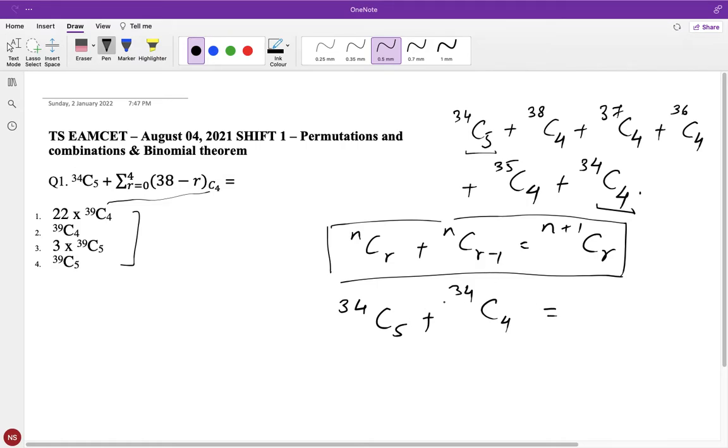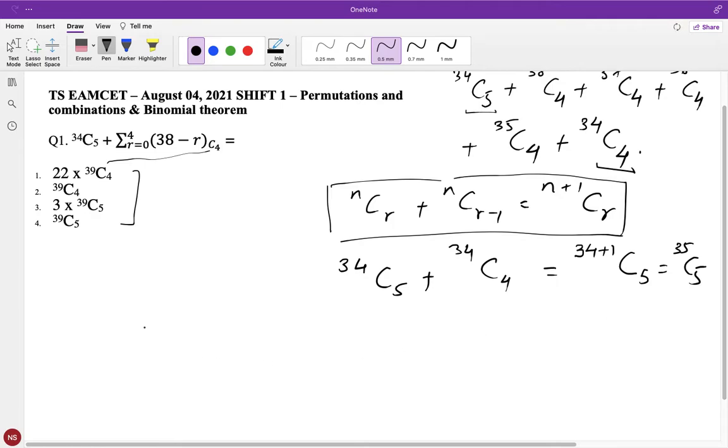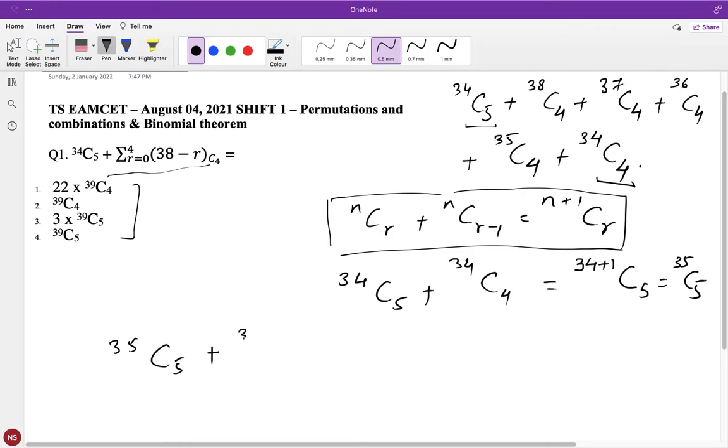So this should be equal to n plus 1, n is 34, so 34 plus 1 C, r is 5. 35C5. So that expression reduces to 35C5 plus 38C4 plus 37C4 plus 36C4 plus 35C4.